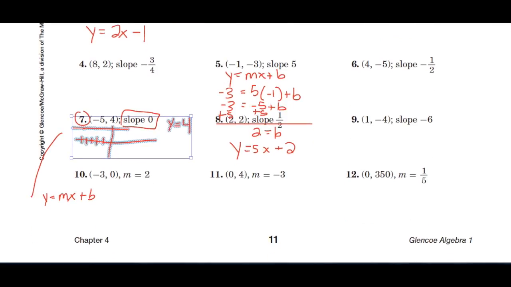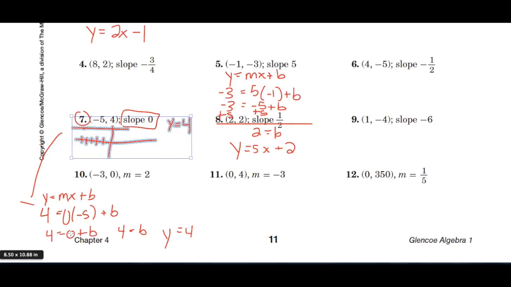And so I'll say 4 equals 0x, and my x value is -5 plus b. So 4 equals 0 plus b, or 4 is equal to my b value. And so it crosses the y-axis at +4, and my final equation is simply y equals 4.